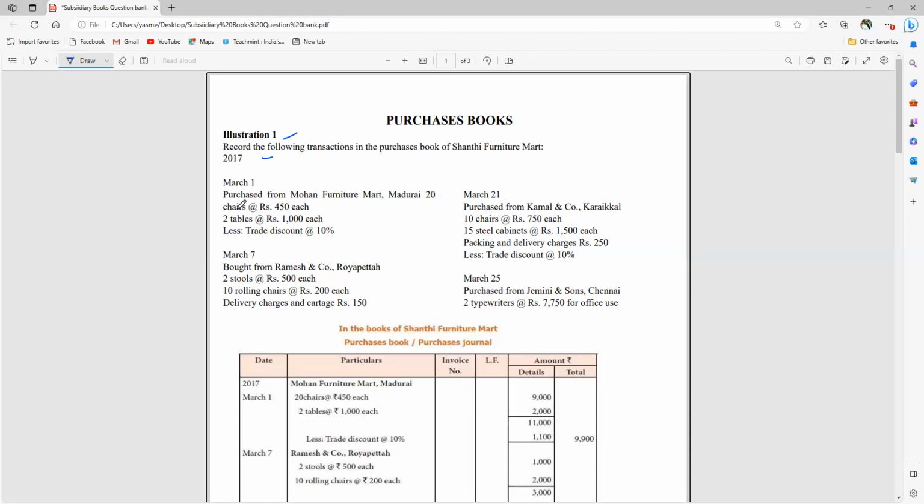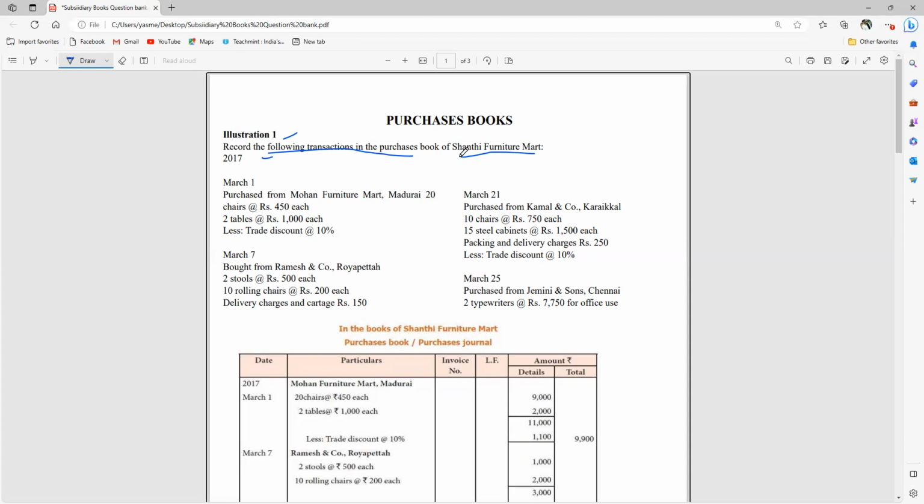Here chairs, tables, stools, rolling chairs, steel cabinets, all these are assets, right? So, as per the rule, we should not consider the asset, but still we are recording it in the purchase book. Why? Because if you observe, it says record the following transactions in the purchase book of Shanti Furniture Mart. That means the business itself is a furniture business.